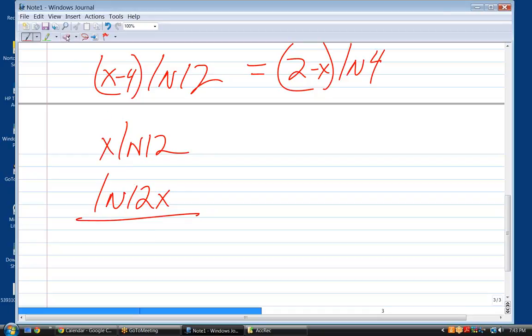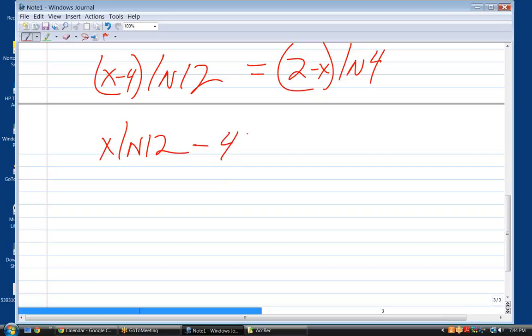Whereas when I write it like this, I know exactly what I'm looking at. It's x times the natural log of 12. Even though we're used to putting the numerical coefficients in front, it's less likely to be misread by both you and anybody else that's looking at it if we write it like this. Okay, what's the rest of it?